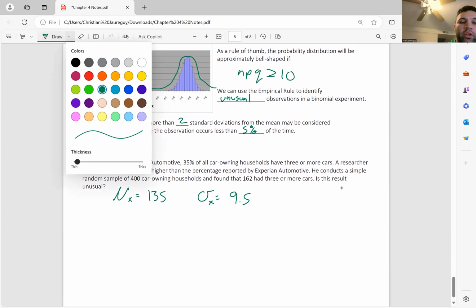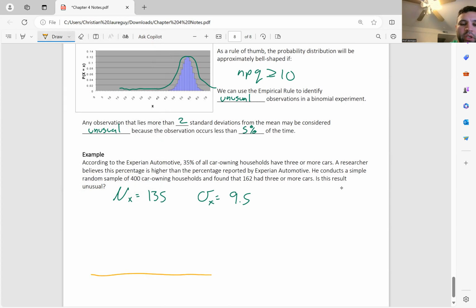So you can draw a little bell curve real quick. 135 in the center. I'm just going to put 2 notches because that's all we really care about at this point. I'm going to add 9.5. We get 144.5. I do it again. I get 154. I can go down if I want as well. Just real quick, might as well. And I get 125.5 on this side. And then 116.